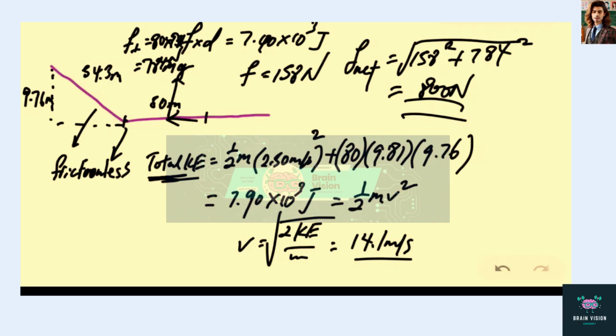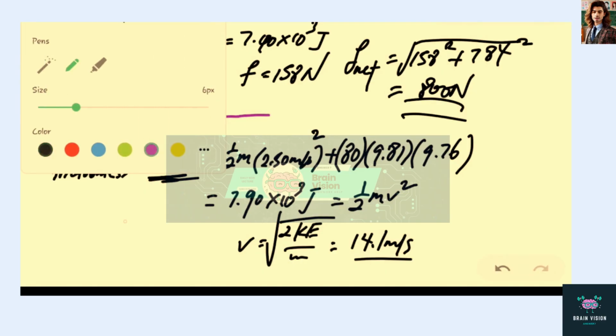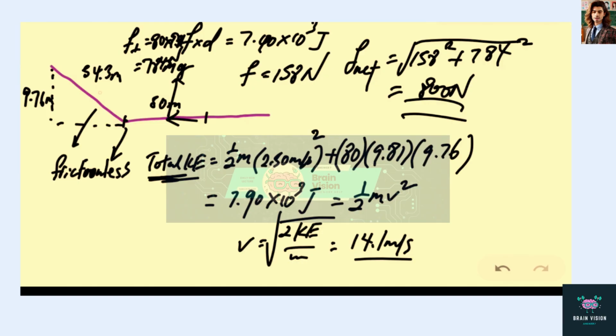Now, the next part of this question, we want to find what is the force exerted by the chute on the sled, right, as it is sliding down in this region, the slanted region. So as it's sliding down, the force exerted by the chute is a normal force in this direction, and this normal force is equal to the force exerted by our person on the chute.